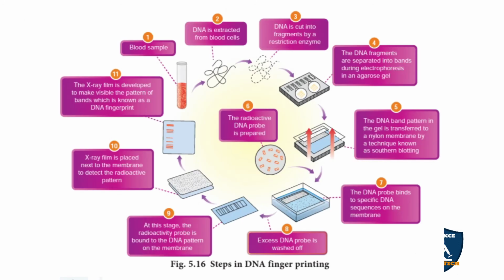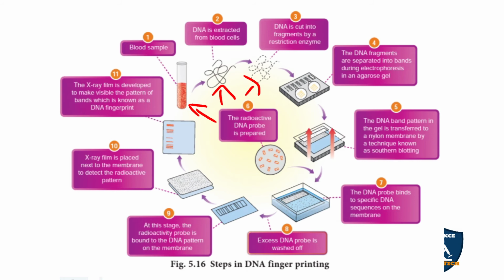They are taking the blood sample. This first one is the blood sample. From the blood sample, the DNA is isolated and cut into fragments with the help of the enzyme restriction endonucleases.